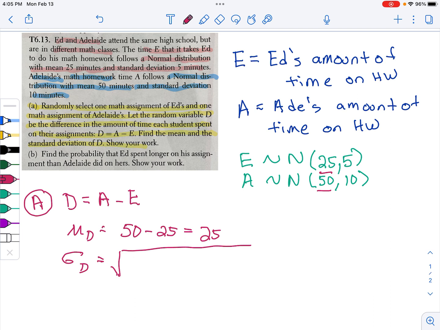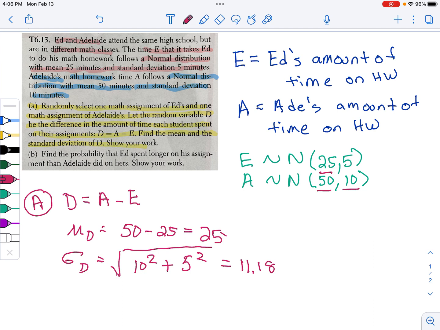So for Addie, we're going to take 10 squared, and Ed is 5 squared, which is 25. When you plug that into your calculator, you're going to get 11.18.